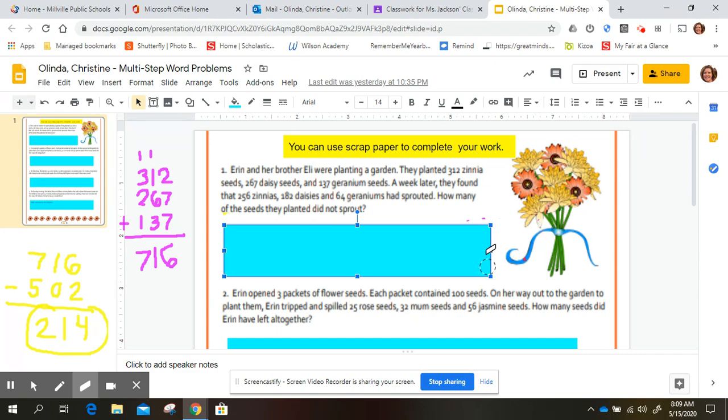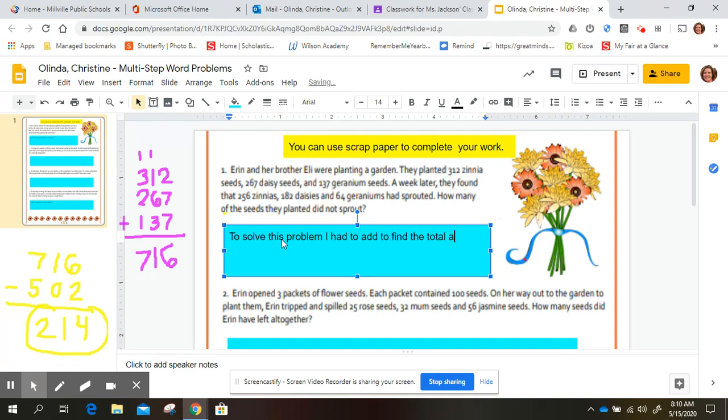But we will write in our box what we did for all three problems. All right. To solve this problem, I had to find the total amount of seeds that were planted. And then it was 312 plus 267 plus 137 equals 716 total seeds planted.